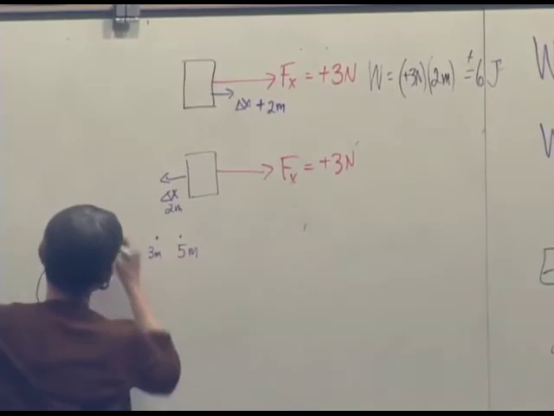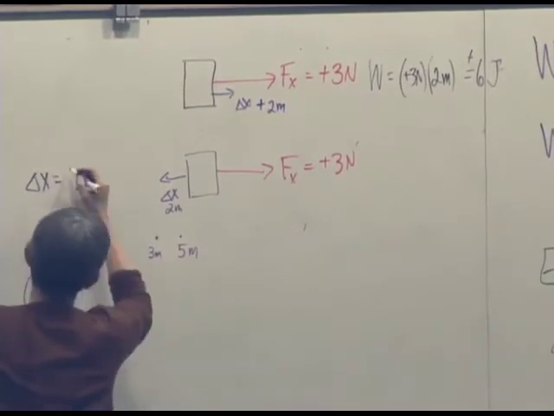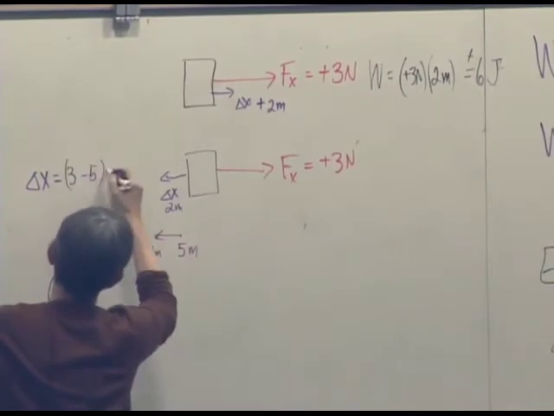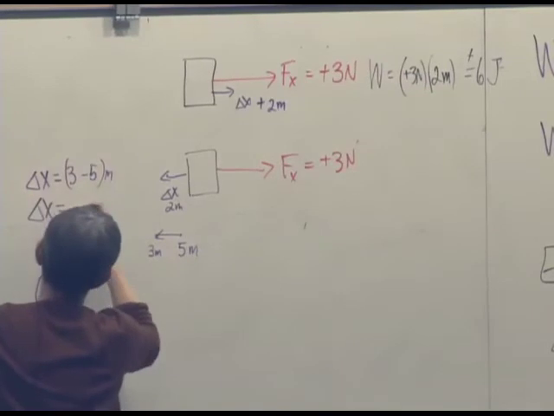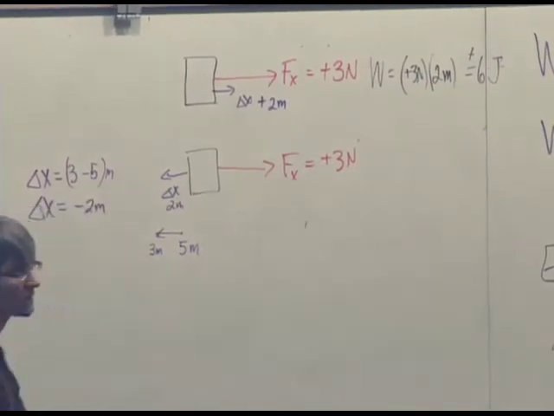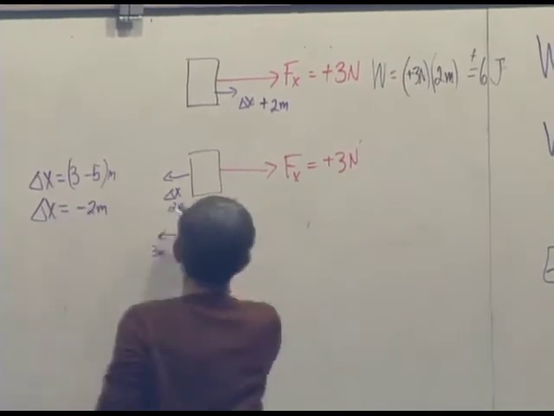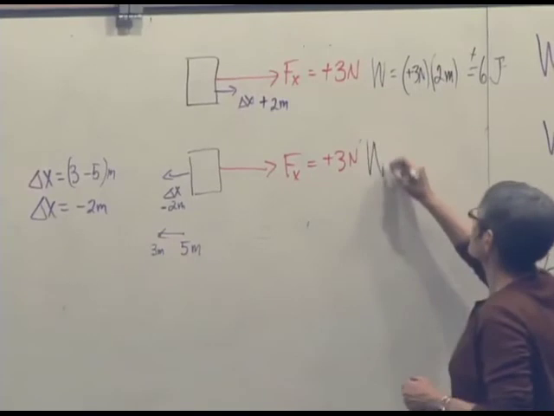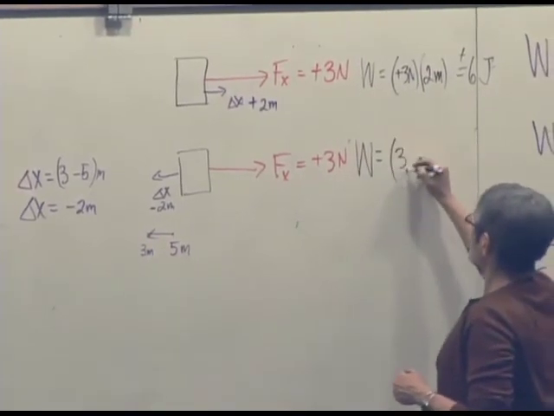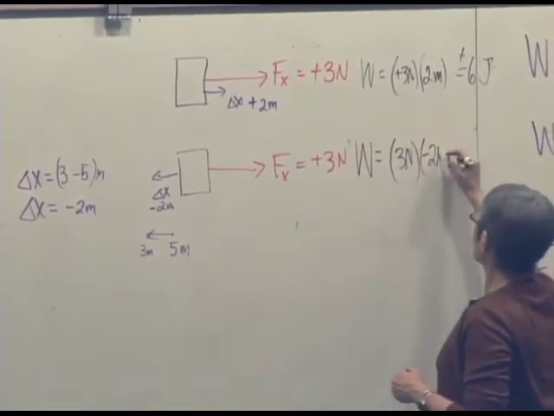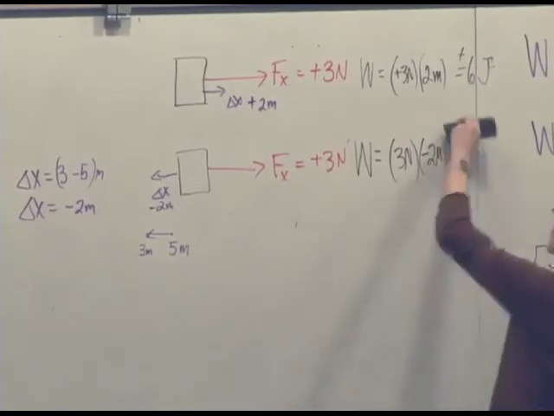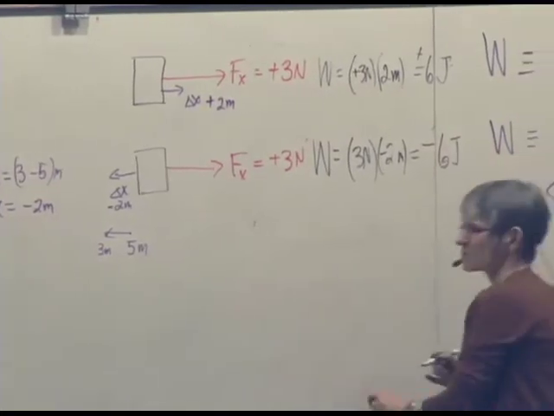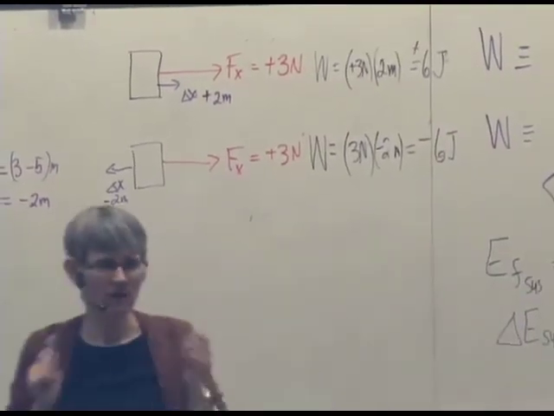So delta x, that's the final, isn't it? So we have 3 minus 5 meters. So delta x here is a negative 2 meters, right? And therefore the work done was 3 newtons times negative 2 meters, and so that looks like negative 6 joules. So he did negative work.